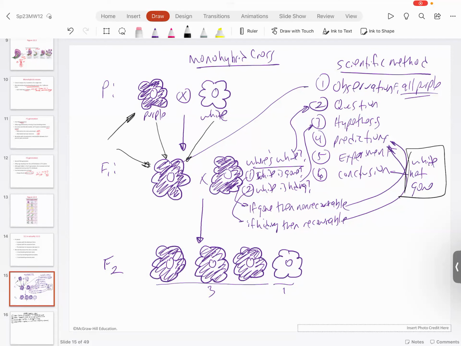Well, think about it. What color are they? If I were to take the two of them, do the shell game thing, and say, tell me which one's the parental and which one's the F1, could you do that? No, because they're both purple, right? So they both look the same.